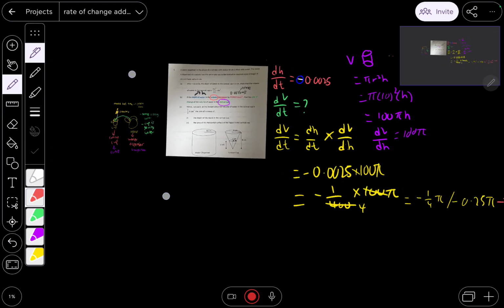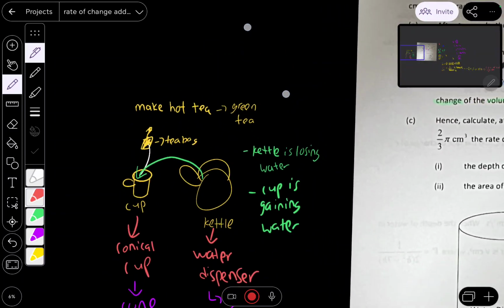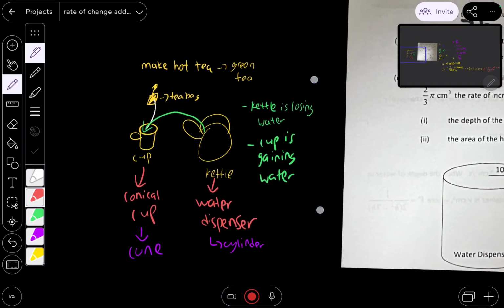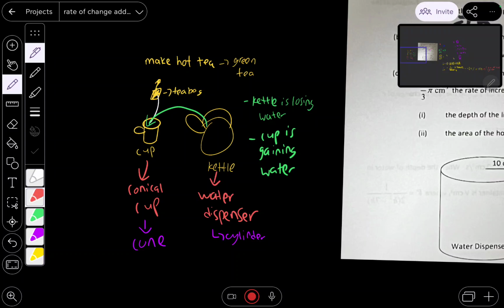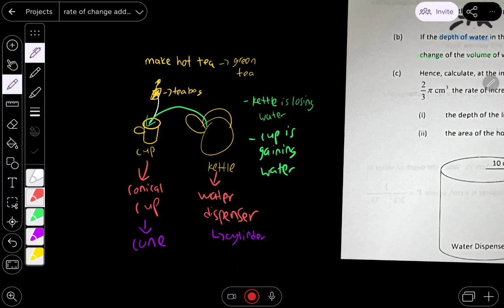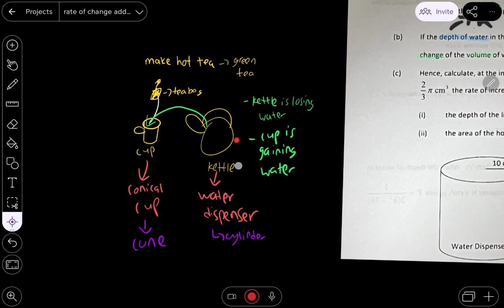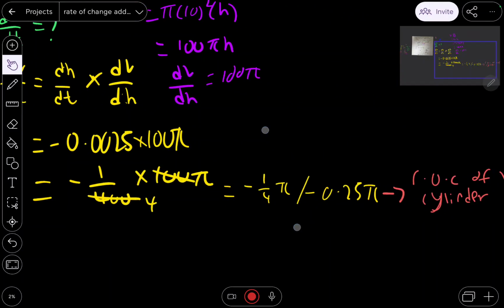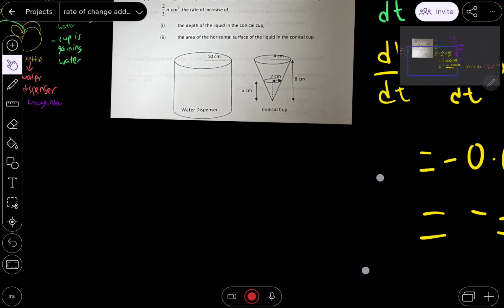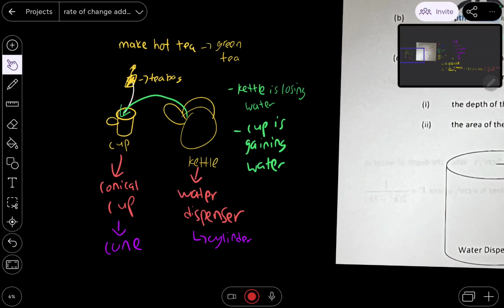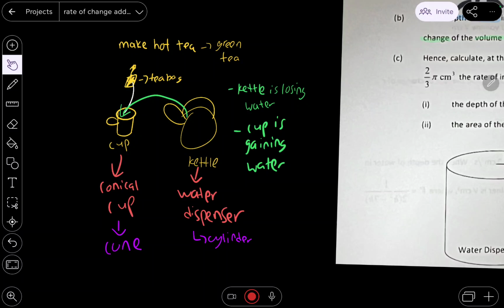So, like what I said, back to the making of green tea. If let's say the rate of change of volume of your kettle is changing by minus 0.25 pi. What does that mean?